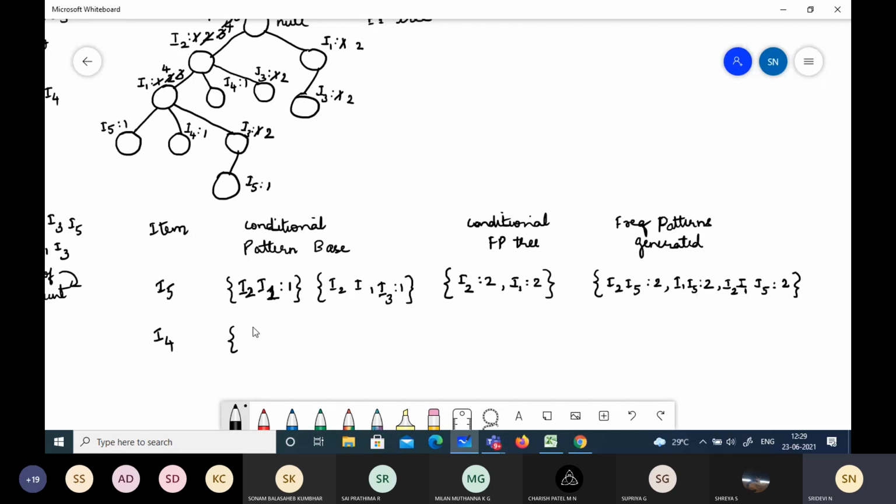So I2, I1, I4, 1, isn't it? The count is 1. Then we have I2, and the count is 1, I4. By coming to I2, we can go to I4, and the support count here is 1. I'm writing it 1.